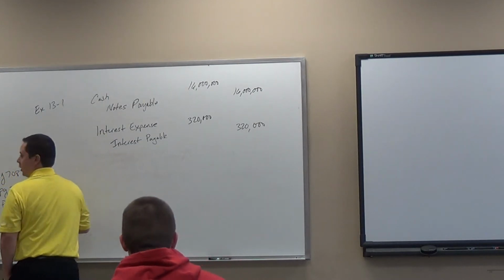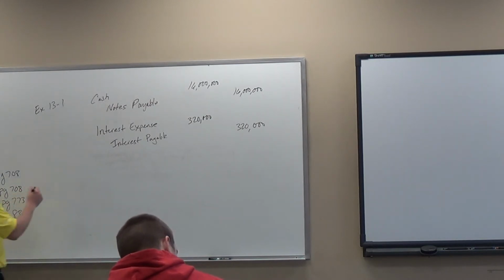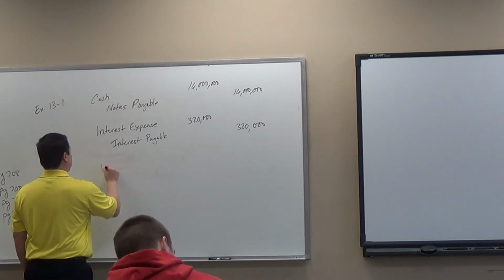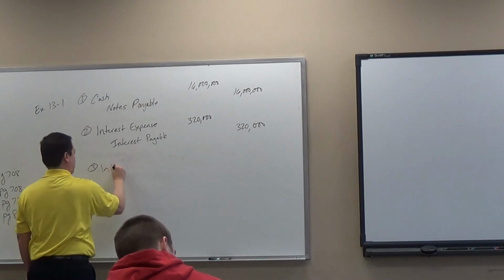All right. So lastly, then we're going to do requirement 3. So we have interest expense, notes payable, or interest payable, notes payable. Let's go ahead and work through this. So this is 1, 2, this is 3.